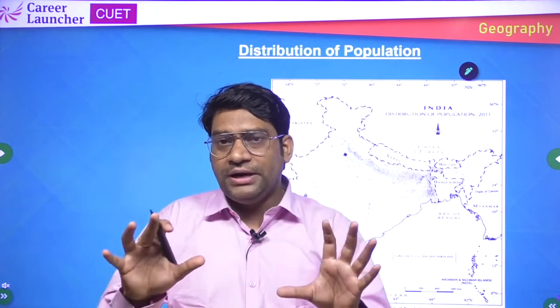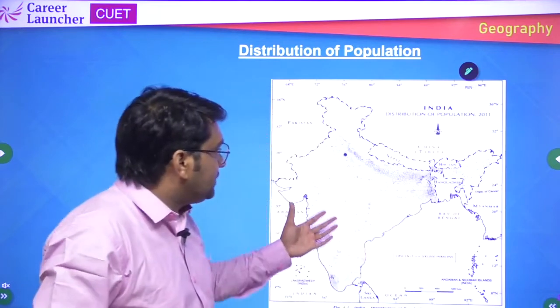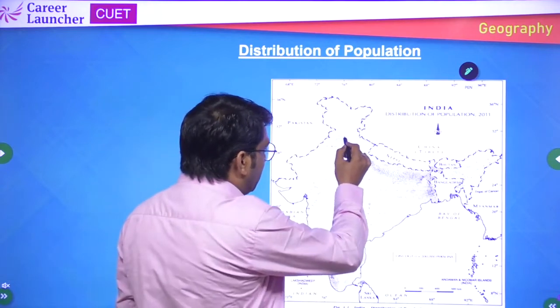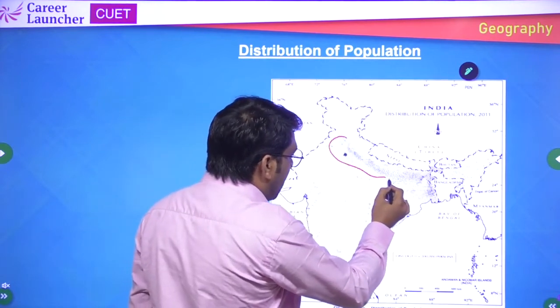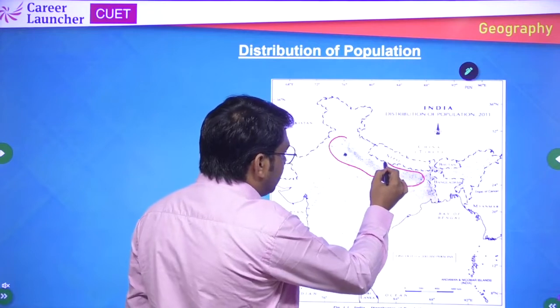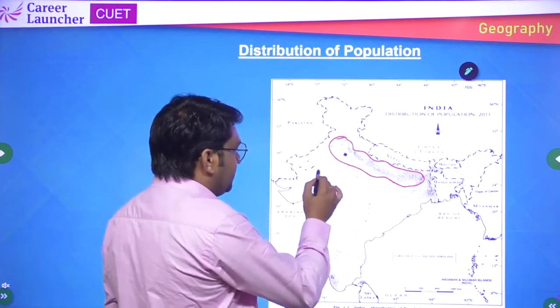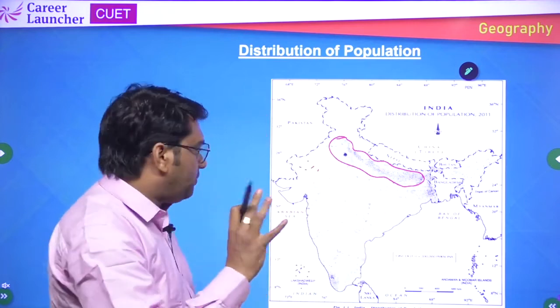Some historical reasons are also there. Okay, when you look at the coastal part of India, you will find the population is very high. Now in this image you will see the map of India, and see this part of the area, you will see how high the population is. Okay, as compared to this area, see that the people are scattered here with very very small population.